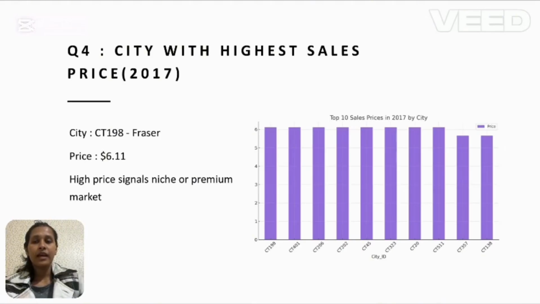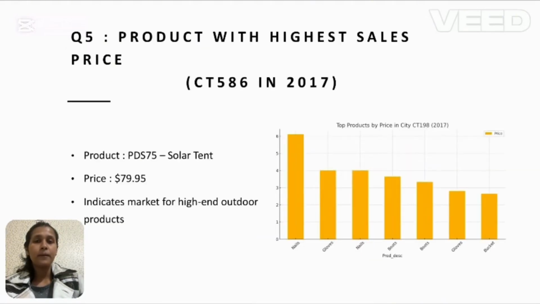And then question 5, it asked which product was sold at the highest price in the city of Fraser in 2017. By filtering the dataset for that specific city and year, we identified the product as PDS75 nails.